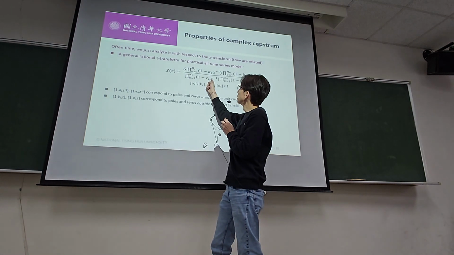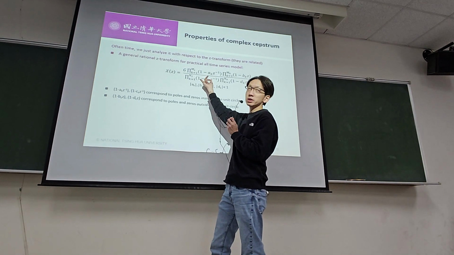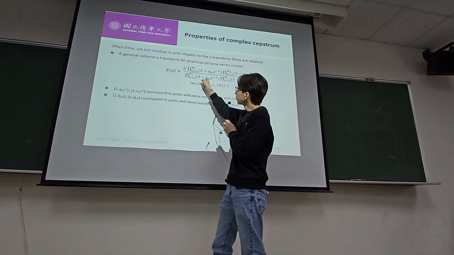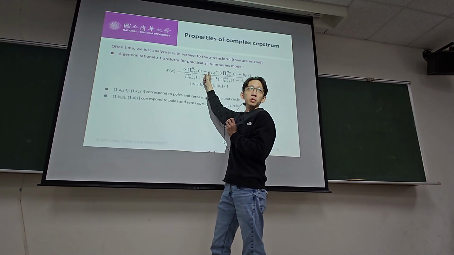If you compute them, you find the c k where this becomes 0. This thing we call poles, and this thing we call zeros.